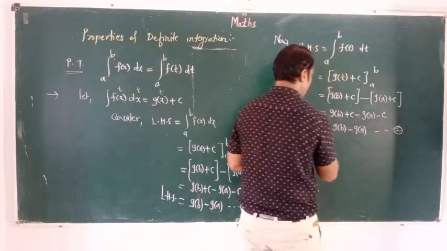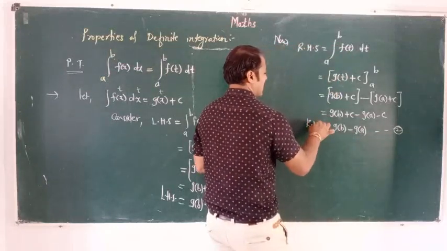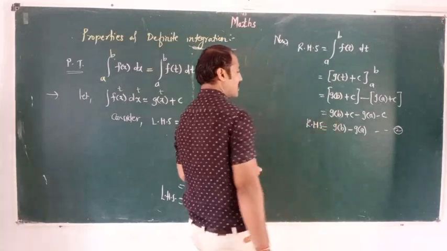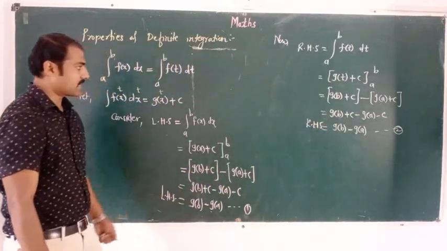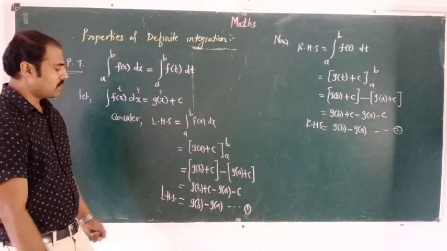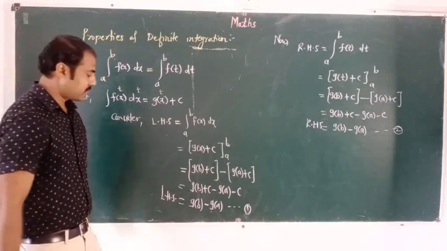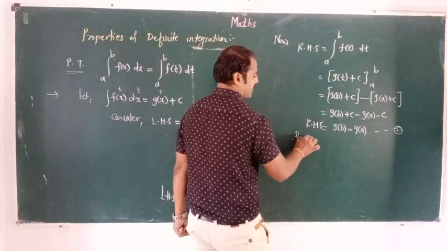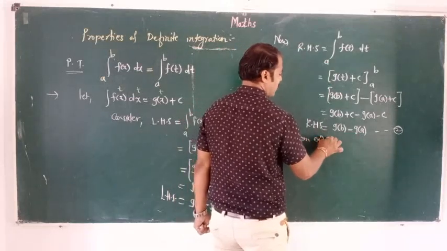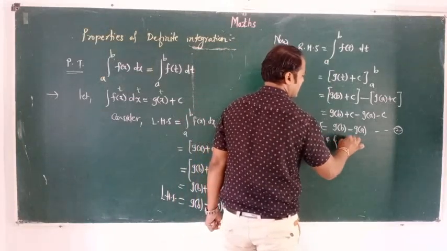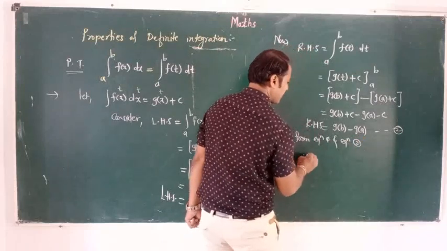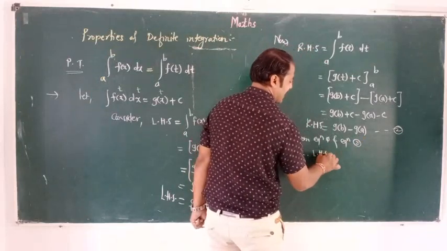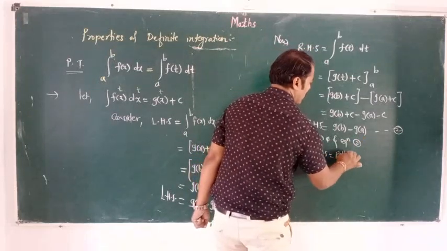It's equation number second. From equation first and equation second, the RHS of both equations are the same, so the LHS are the same. Therefore we see that LHS is equal to RHS.